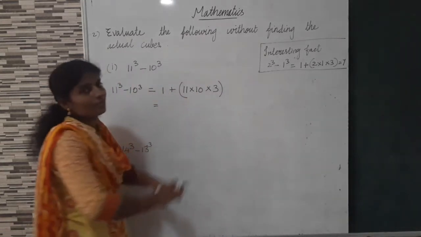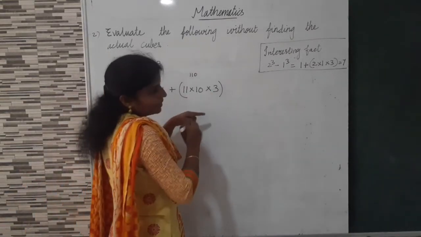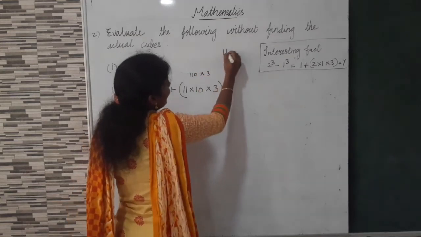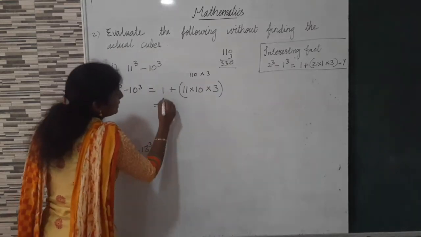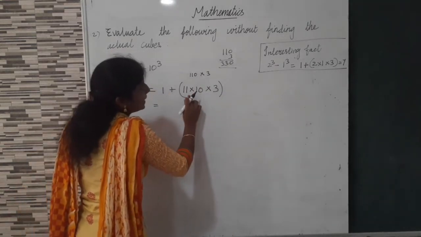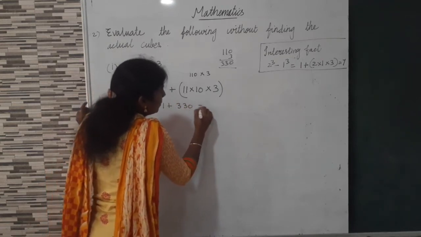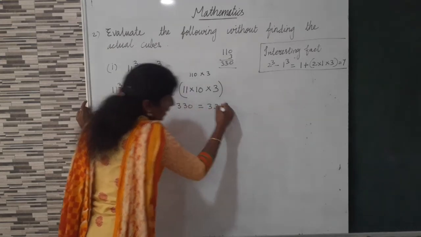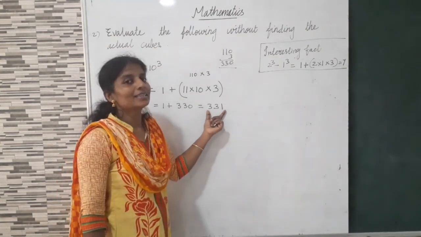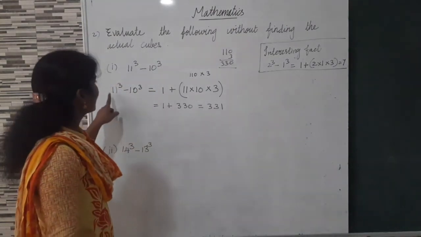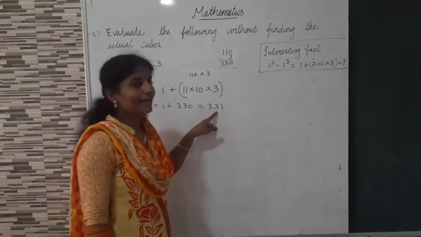Remove this bracket, BODMAS rule, isn't it? 11 into 10, 110. 110 into 3, 330. This answer is here 330. 1 plus 330 equal to 331. So 11 cube minus 10 cube is equal to 331.